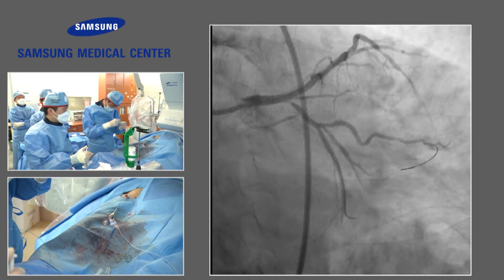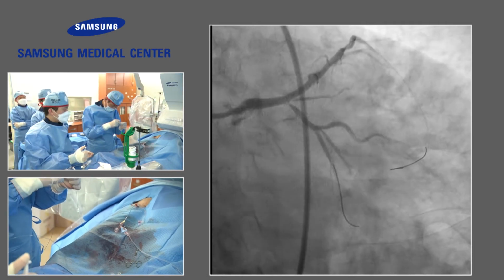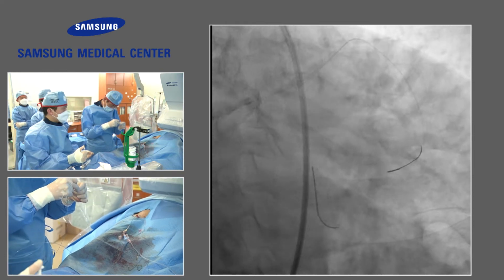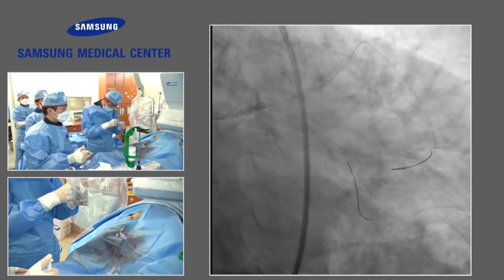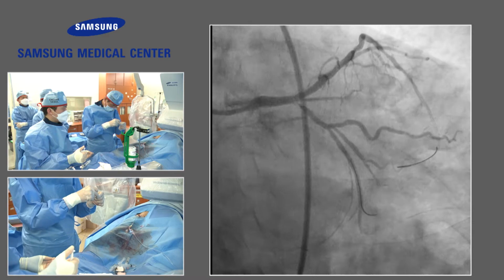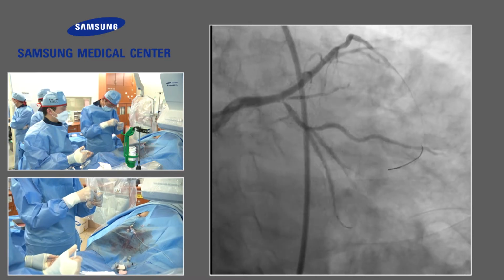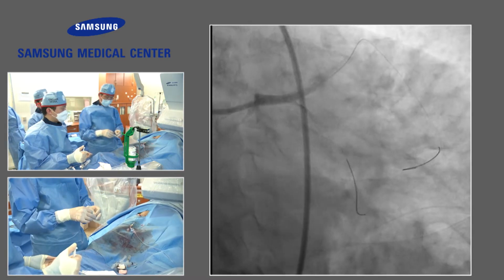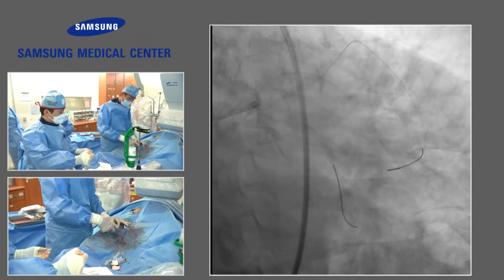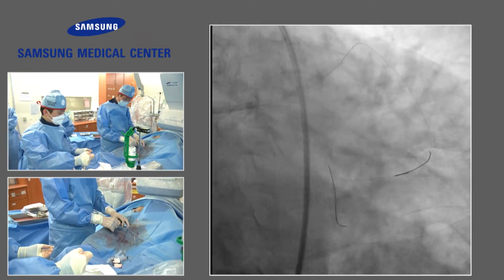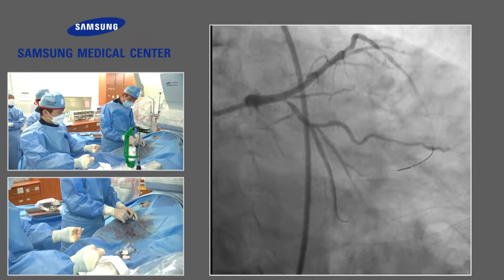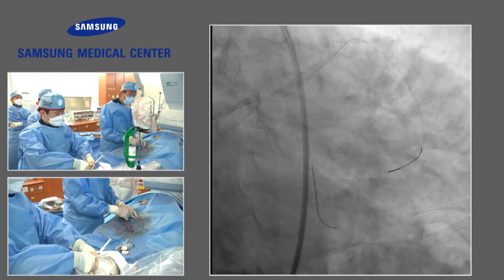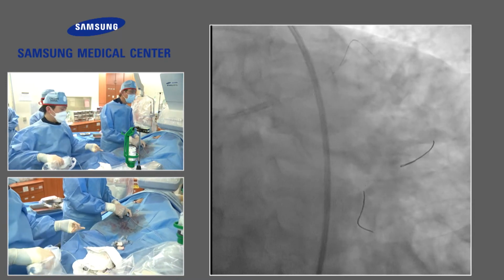What is your next step? Balloon the side branch and POT. Before the POT, please show us the IVUS image, and then if you have a plan for the POT, what is the change after the POT? For educational purposes, I'm doing the IVUS from the LAD to left main.